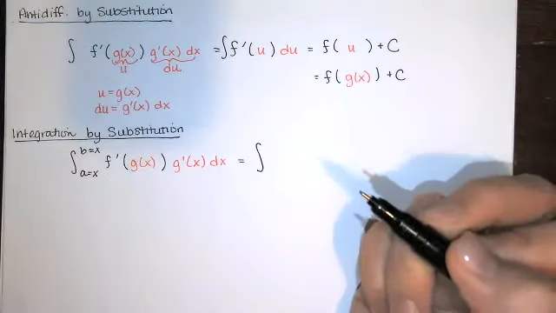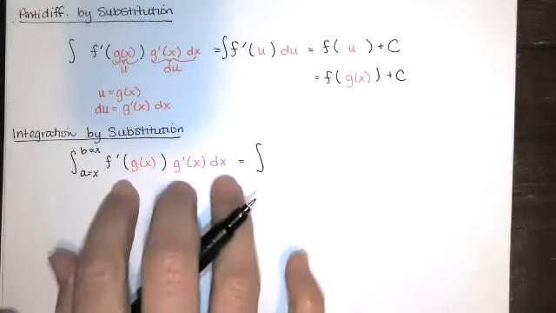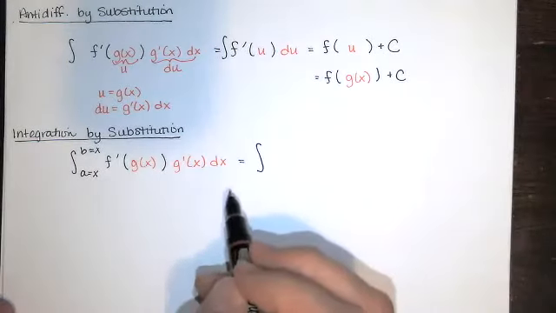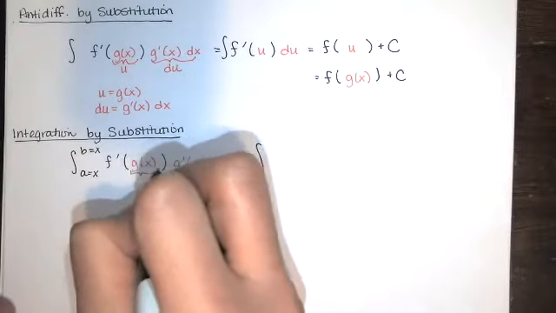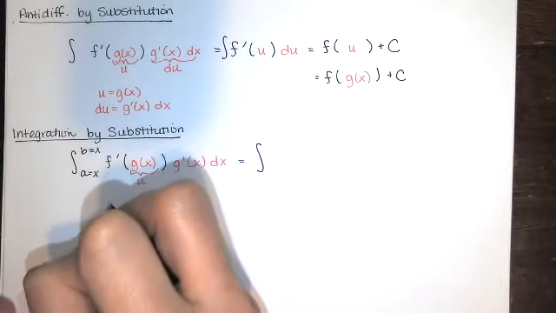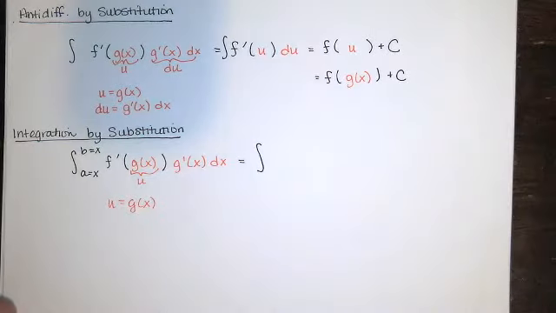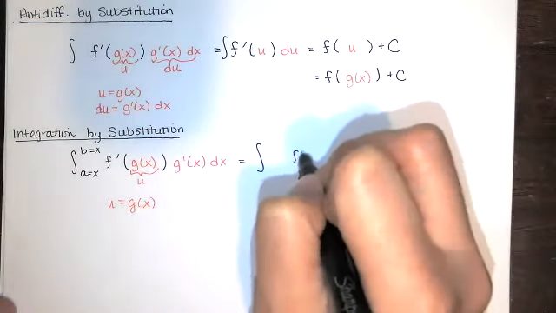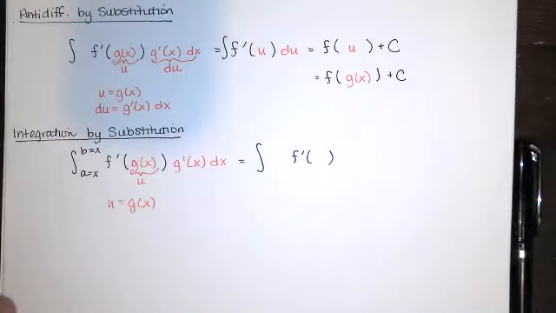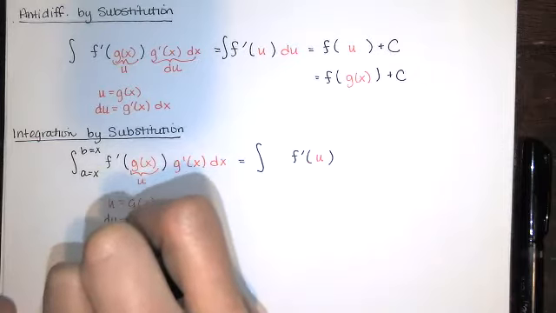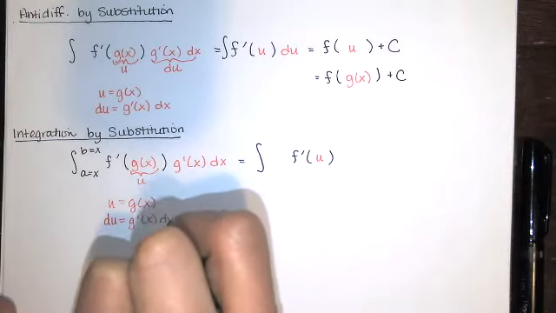Now whenever we're doing integration by substitution for something that looks like this, we start in exactly the same way. I identify my inside function. I say, hey, look, g of x is inside that f prime, so let's let u be g of x. Then the integrand becomes f prime of u. And du is g prime of x dx.